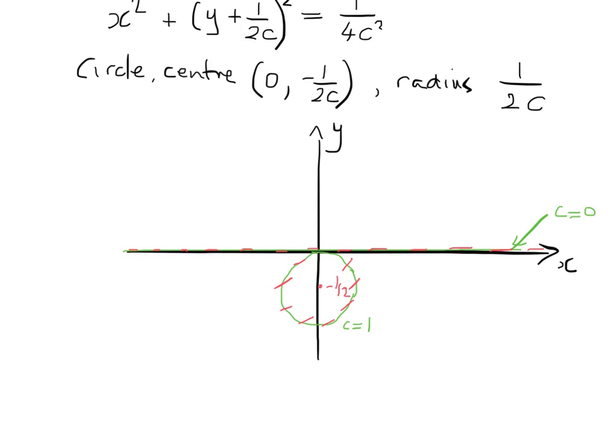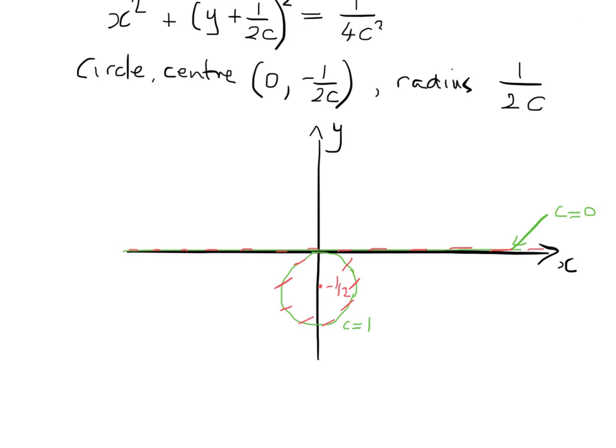What happens when c equals minus 1? Well, at c equals minus 1, we've got a centre of minus 1 over 2 times minus 1, which is a half. So the centre is going to be a half, and the radius is going to be 1 over, so that's going to be a minus a half. That doesn't make any sense.